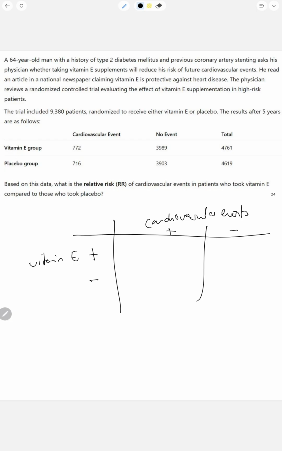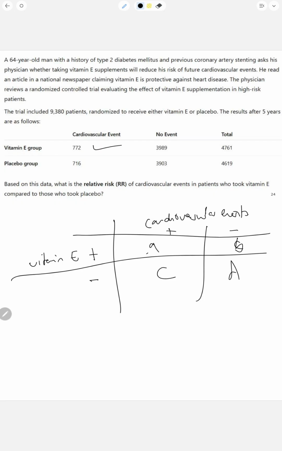The results are the 5 years as follows. So we've already been given this table, but essentially, if you are not given this data, you should be very comfortable in drawing this out, right? So total is going to be 9,980, but in this case, we are told what our numbers are. 772, that's our group A, B, C, and D. So 772 people on vitamin E had a cardiovascular event, while 3,999 people on vitamin E had no cardiovascular event.